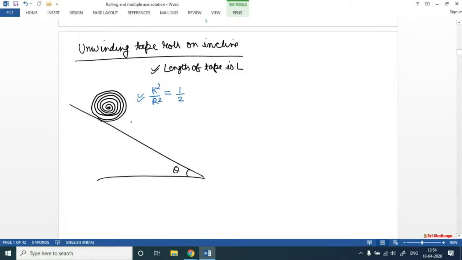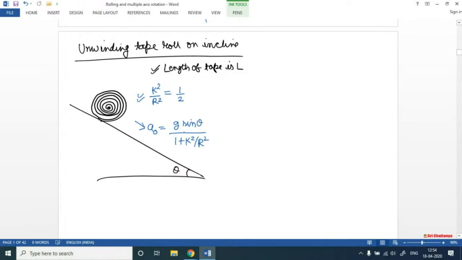So that means no matter what its mass and radius are, as it unwinds, the acceleration of its center of mass is still going to be expressed by this relationship, g sine theta divided by 1 plus k square by r square, which we have derived earlier.